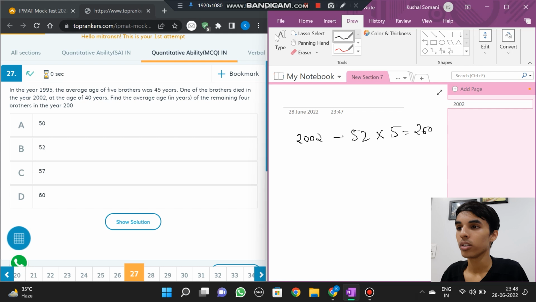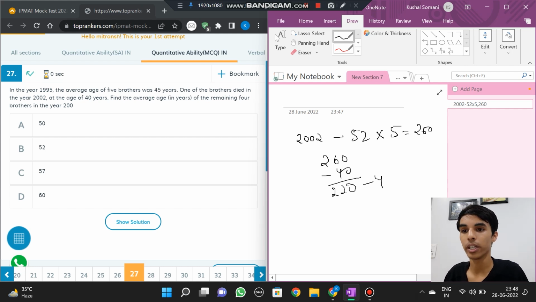And since one brother, who was 40, has died, the sum of the ages will now be 260 minus 40, that is 220, which is for 4 brothers now. So the average age now in 2002 of the remaining 4 brothers will be 220 by 4, which is 55.